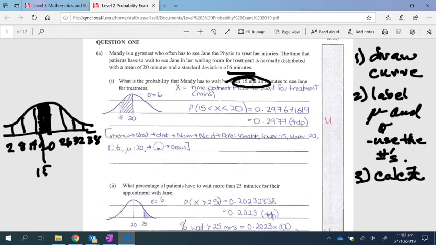So we're looking for the probability that it's between 15 and 20 minutes. And so we need to first find our z-score. So our data point, our boundary from the mean is 15 minus our mean of 20. What's our standard deviation? 6. Okay. So if we put those in, what are we going to get? What we're doing is calculating the area based on this particular point.